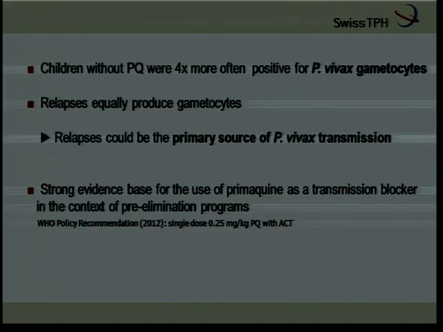We have seen that relapses equally produce gametocytes, and that could suggest that relapses, because of this massive effect here, are likely the primary source of Plasmodium vivax transmission. I think this could be a strong evidence base for using primaquine as a transmission blocker in the context of elimination programs.